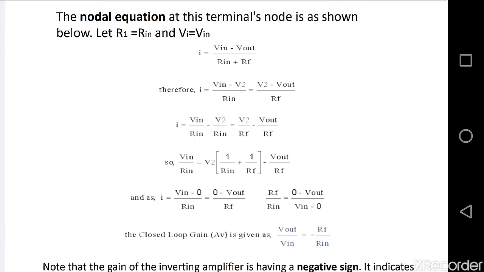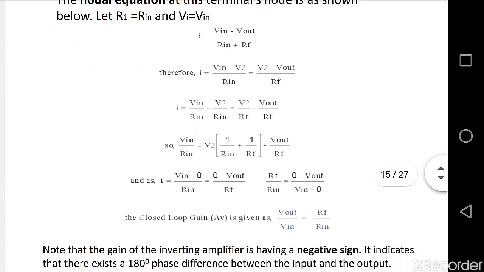So we separate it: I equals (Vin minus V2) by Rin, and I equals (V2 minus Vout) by RF. So we separate it: I equals Vin by Rin minus V2 by Rin equals V2 by RF minus Vout by RF.